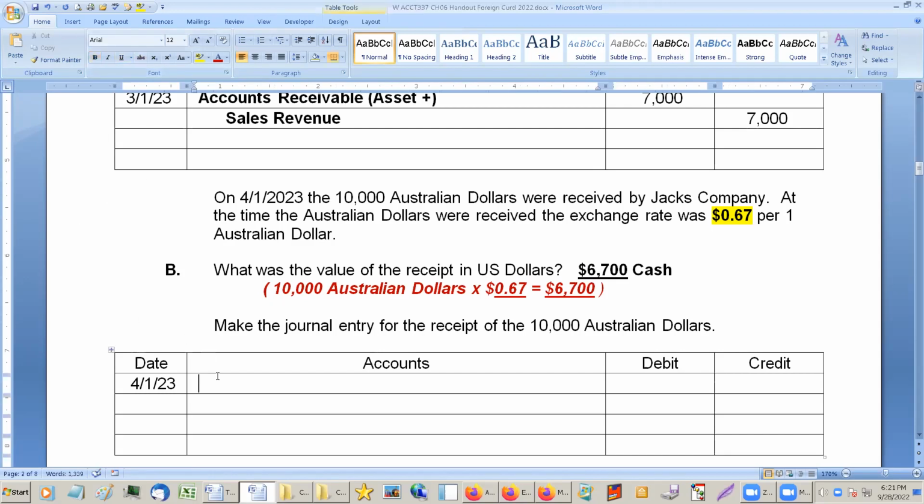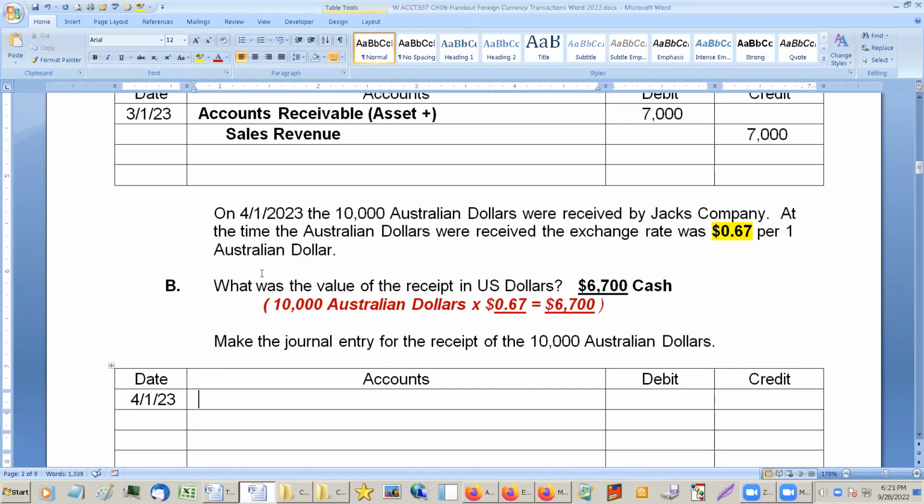Okay, so coming down here. We gotta take this accounts receivable off the books for 7,000 because they just paid it. Accounts receivable, it's an asset going down. It was an asset, but now they just paid it. We're getting cash for the asset.